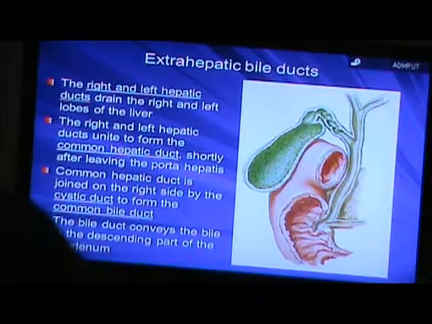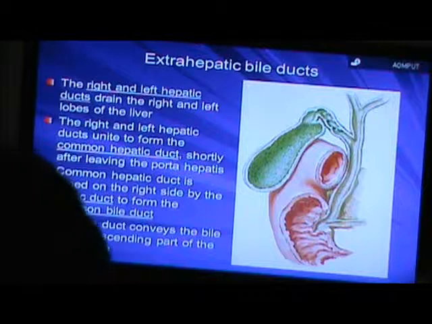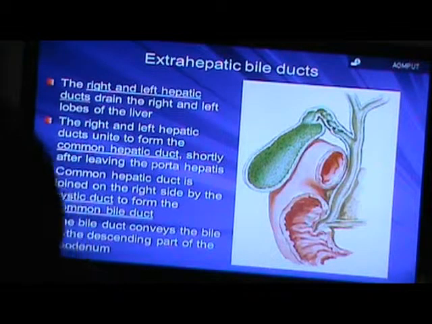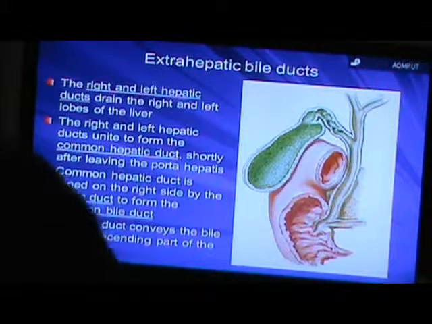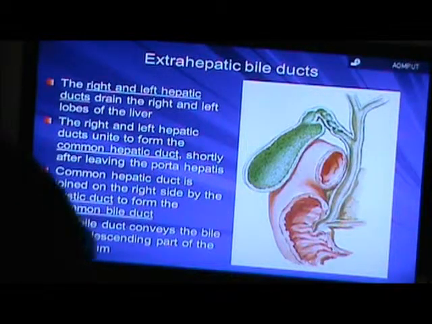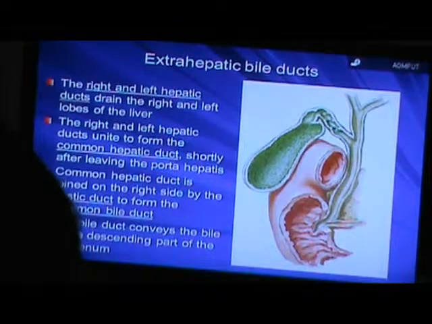The right and left hepatic ducts drain the right and left lobes of the liver, and unite to form the common hepatic duct shortly after leaving the porta hepatis. The common hepatic duct is joined on the right side by the cystic duct to form the common bile duct.